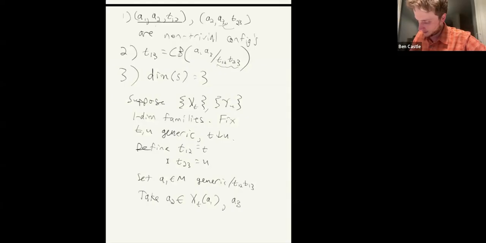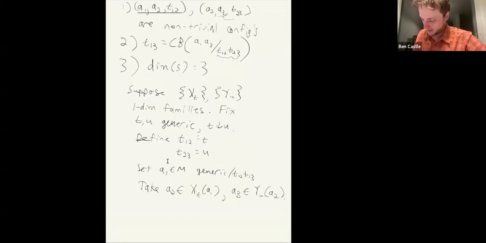And then we take A3 to be in the image of A2 under the second curve. So you have an A1, you map it over to an A2, and the thing you use to map it is T12, and then you map that to an A3, and the thing you use to map here is T23.